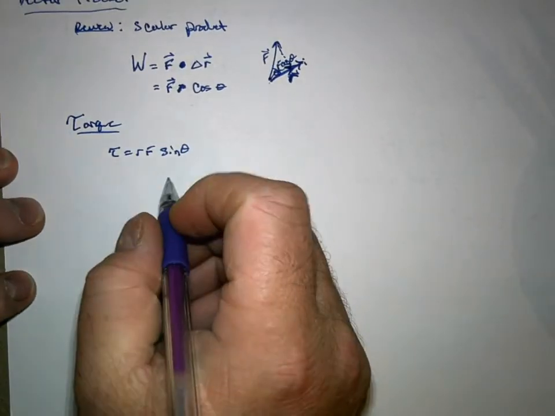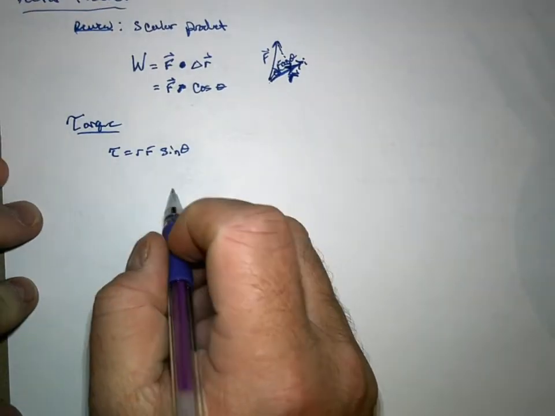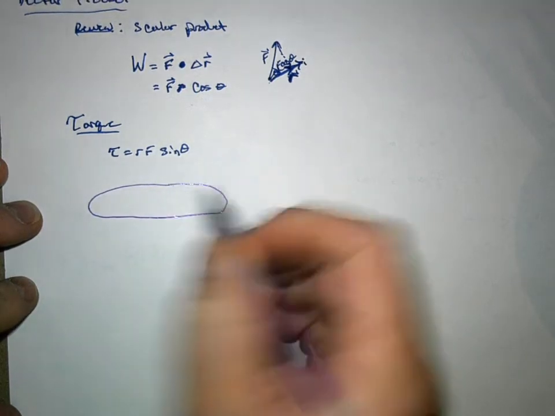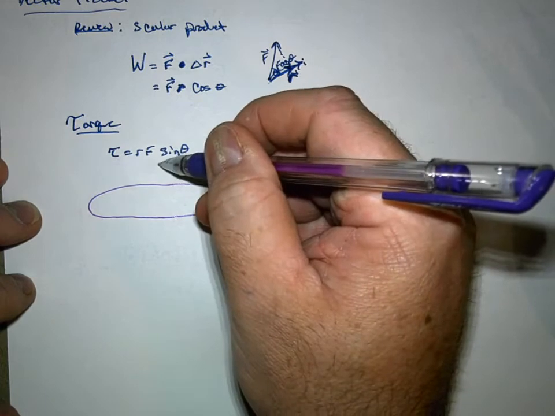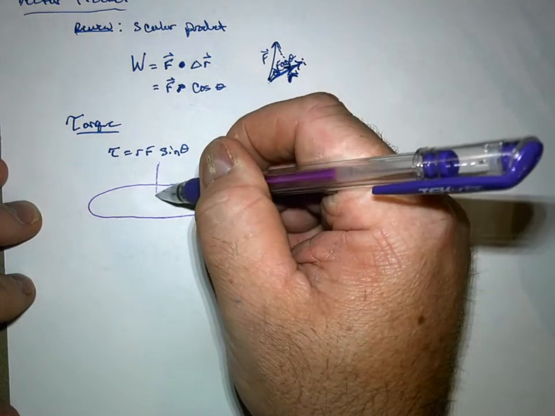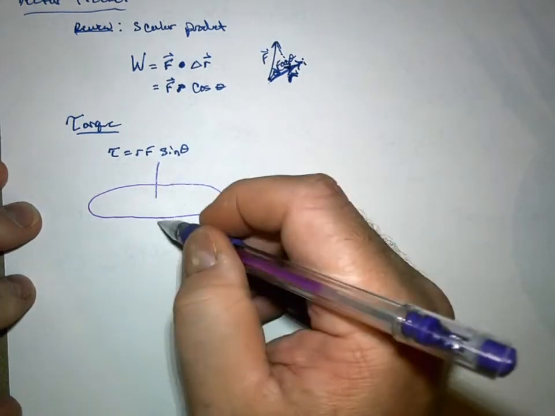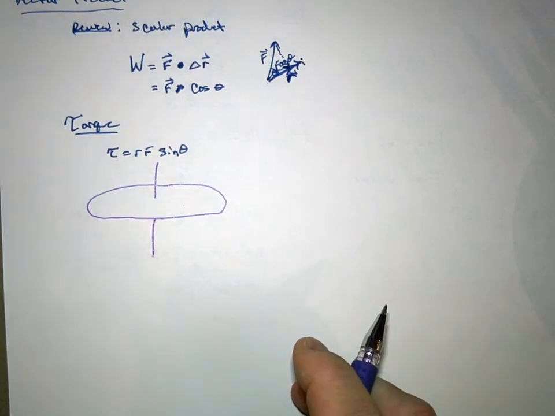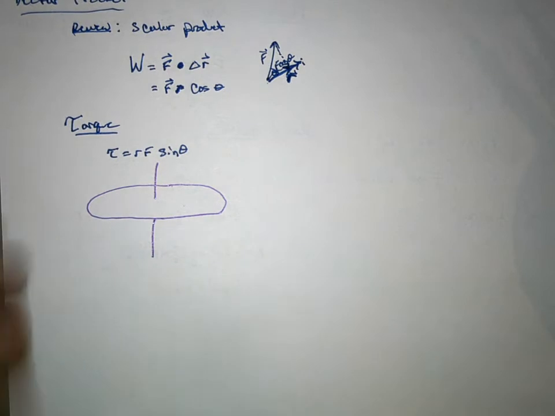Again, we're going to do it in perspective. There's a disk, and we have an axis through the center of the disk, and we're going to have a radius.